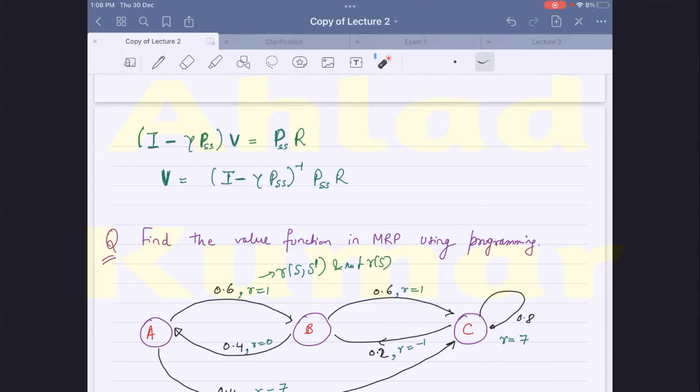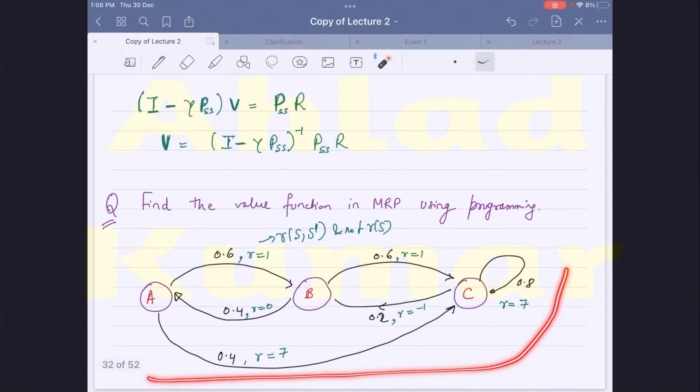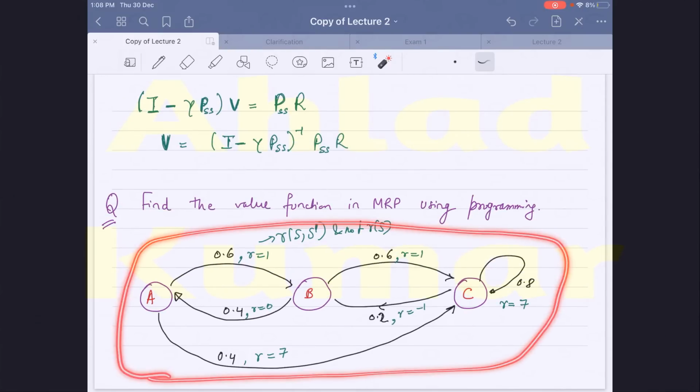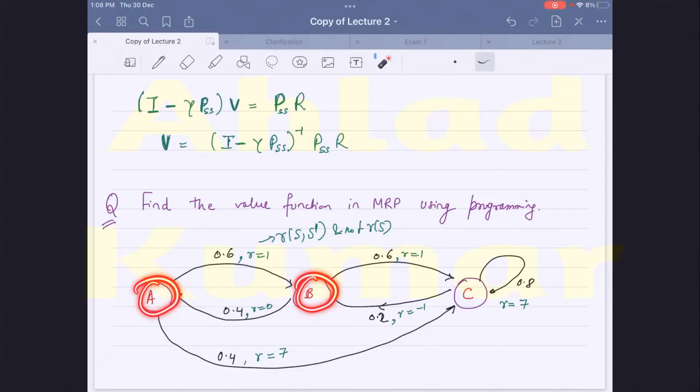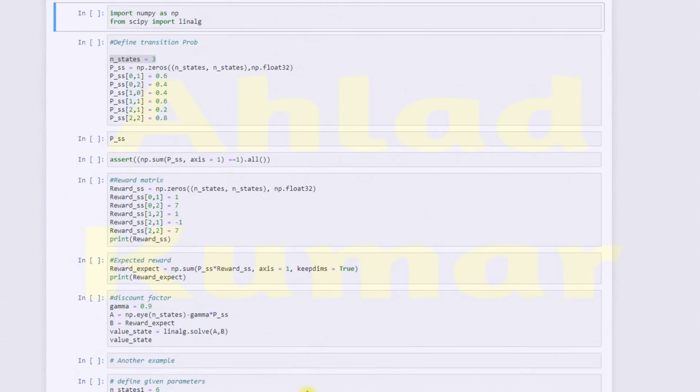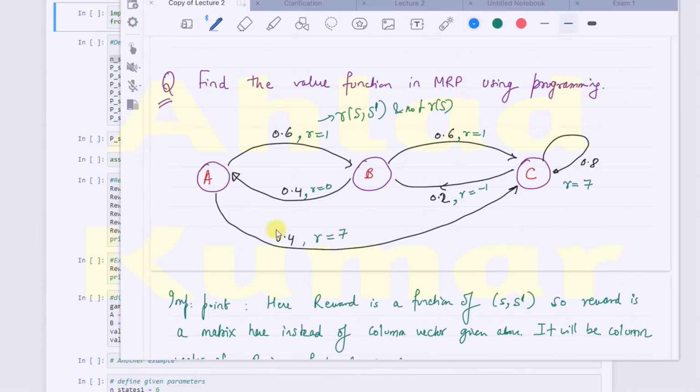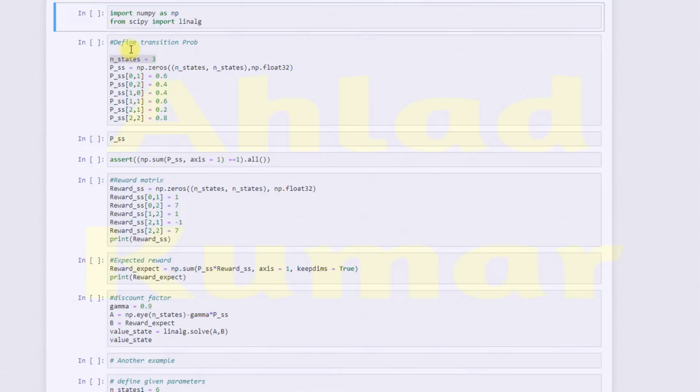We will see this in our coming slides. But before that, let's implement this in Google Colab and see what is the value function for all these three states. So now this particular piece of code is basically the implementation of this Markov random process which is given over here. So let us start coding it.